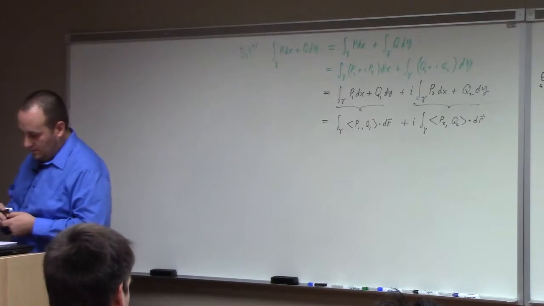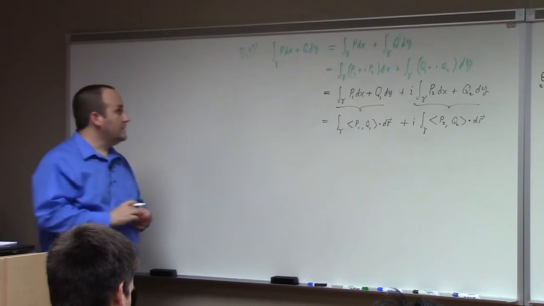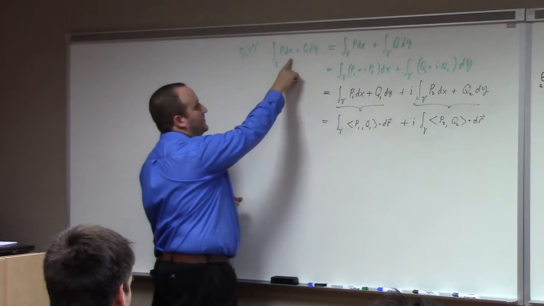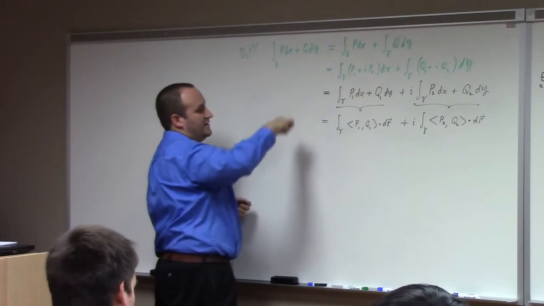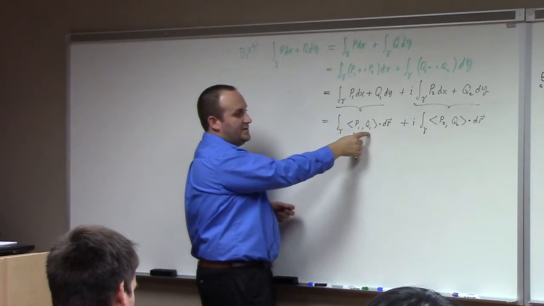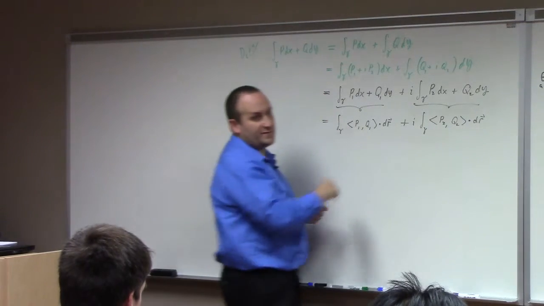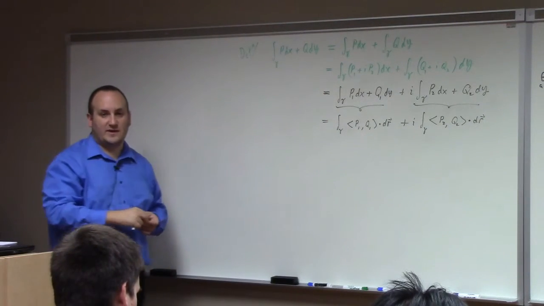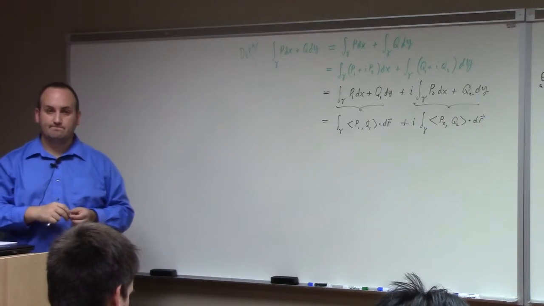So you can interpret this integral up here as a complex linear combination of the work done by the P1, Q1 vector field plus i times the work done by the P2, Q2 vector field along the curve. If you want to give a silly physical interpretation of this particular integral, you could do that.